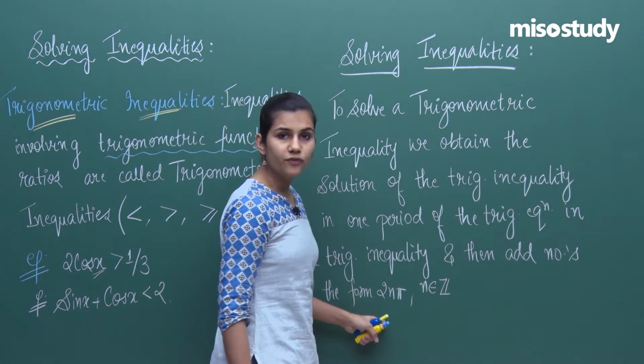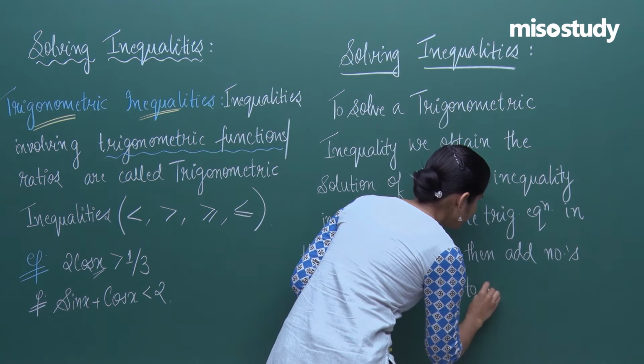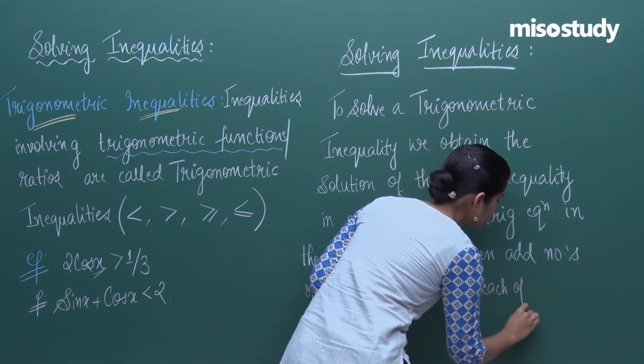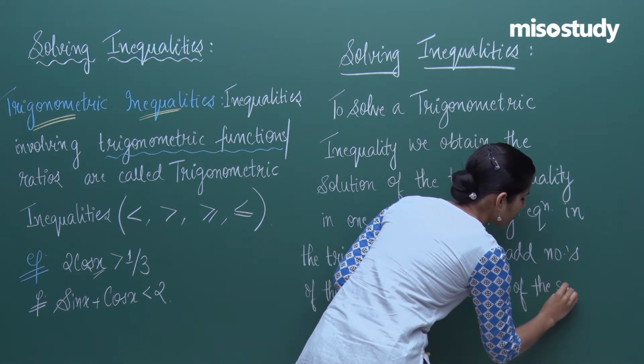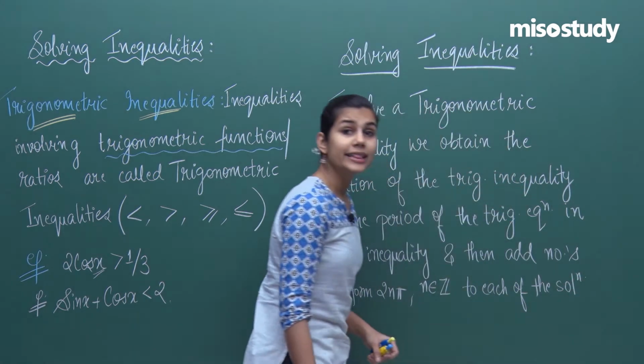Add numbers of the form 2n pi to each of the solutions in that interval.